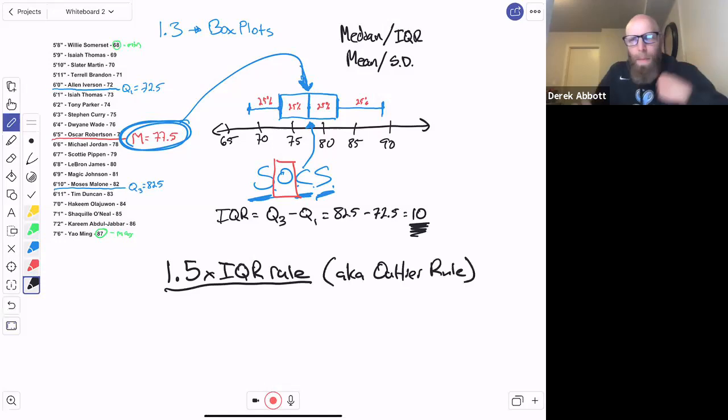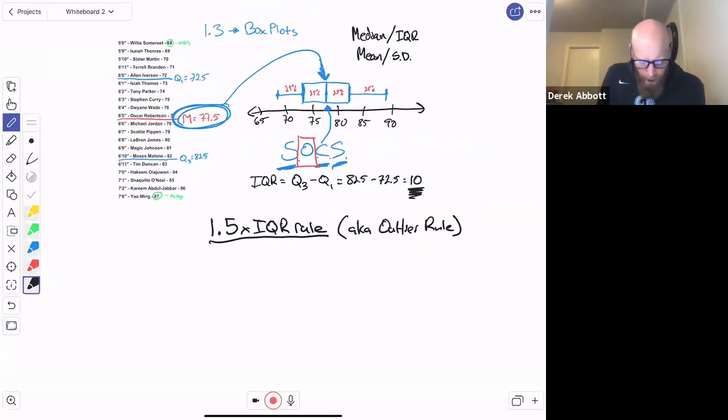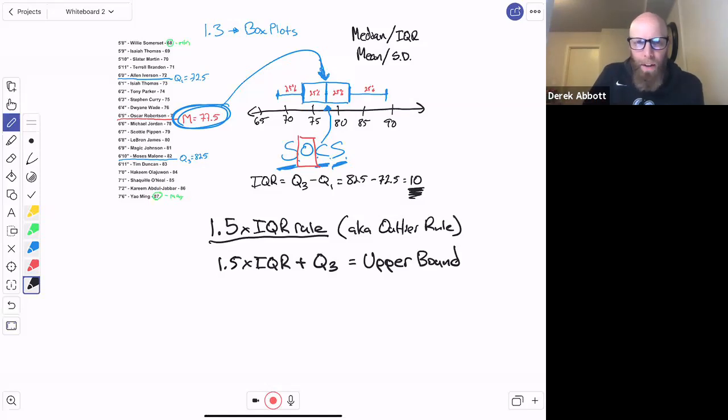If you remember this by the 1.5 times IQR rule, you actually have the math down. If I take 1.5 times the IQR and add that to Q3, it gives me the upper bound of non-outliers.